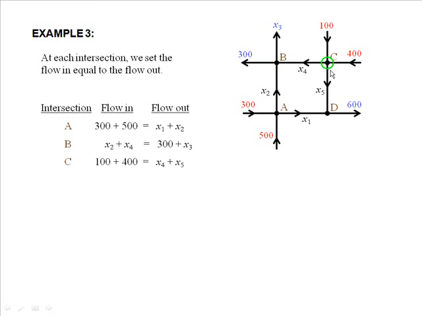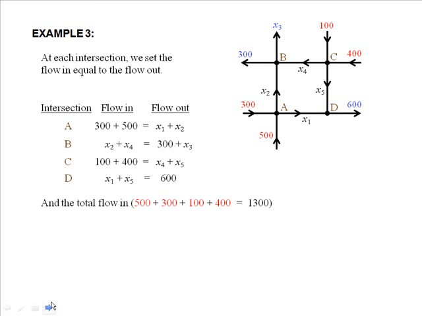Intersection C, we see the flow in is 400 plus 100, and the flow out is x5 plus x4. And then intersection D, we have the flow in is x1 plus x5, and the flow out is just 600. And then we want to look at the total flow in for the entire network.